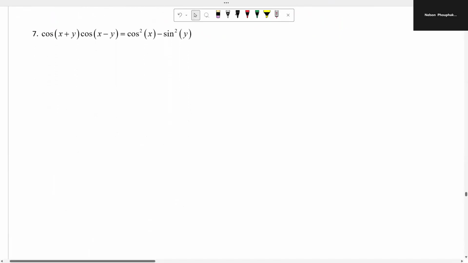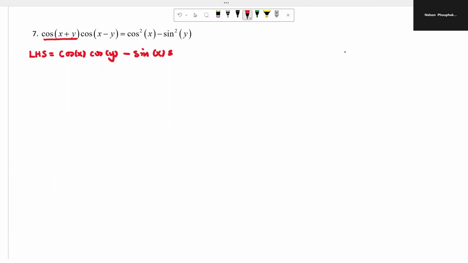Then how about this number 7? Okay. So for this one, I would like to start with the left-hand side. Then cosine of x plus y is cosine of x cosine of y minus sine of x sine of y.